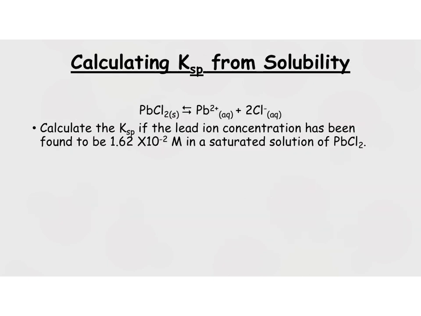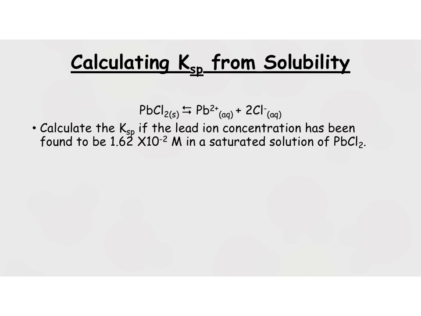So how do we actually calculate Ksp? If we're told the concentration of any of the ions of the salt, we can use an ICE table and back calculate to get our Ksp.